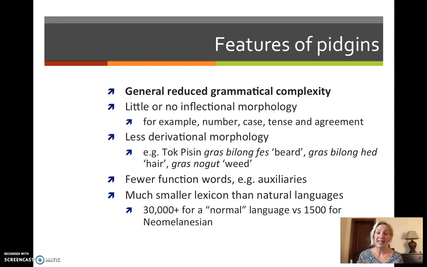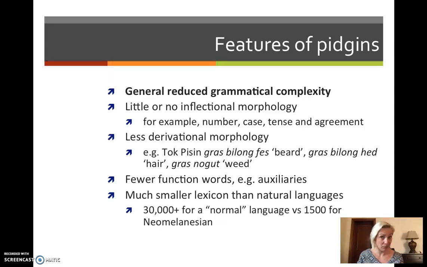There is also less derivational morphology. There are fewer ways of creating new words. So new meanings are mostly created by putting words together rather than developing new words. So for example, you see here three words from Tok Pisin. You've already seen the example "mama belong me", which means my mum. Then "gras belong fes" means beard.